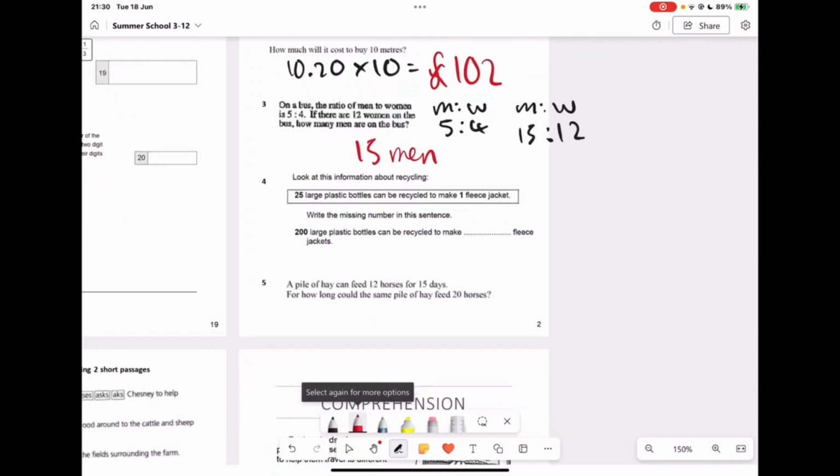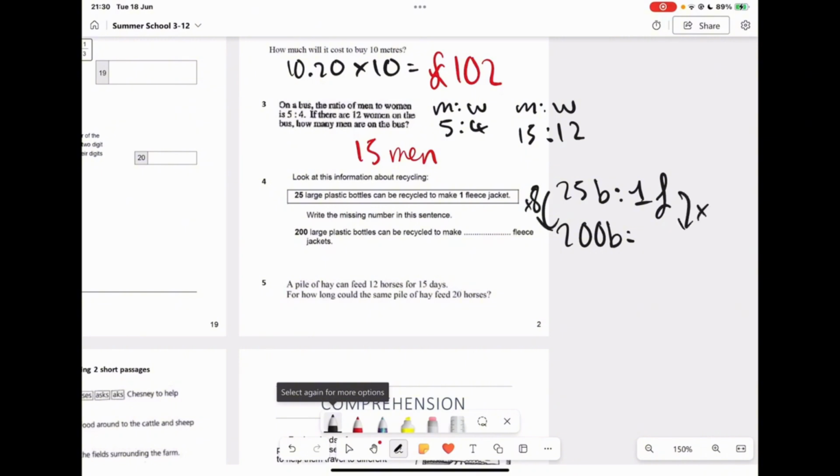Okay, and then 25 large plastic bottles can be recycled to make one fleece jacket, so we can write that down: one fleece jacket. And then 200 bottles, well, we know that 25 multiplied by 8 is equal to 200, so then we do the same to our one fleece jacket, and it's 8 fleece jackets.